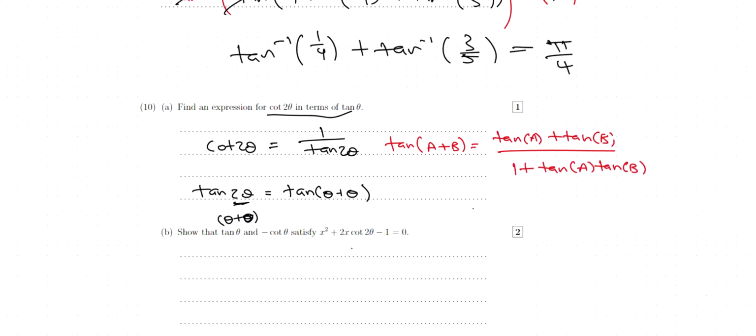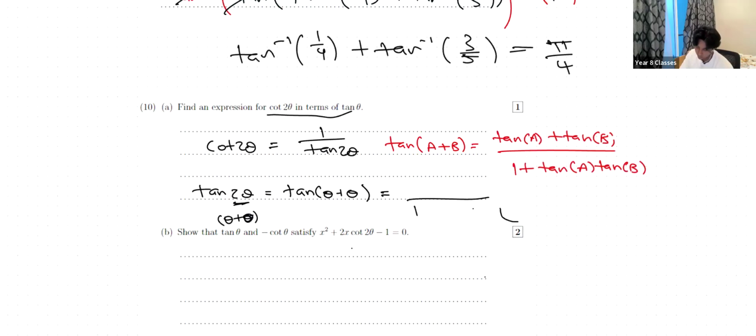So tan 2 theta equals 2 tan theta over 1 minus tan squared theta. Oh wait, theta squared. Yep. So oh yeah, this should be a minus. My bad.